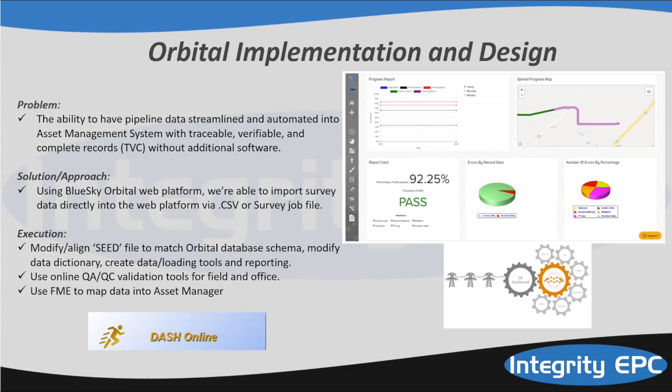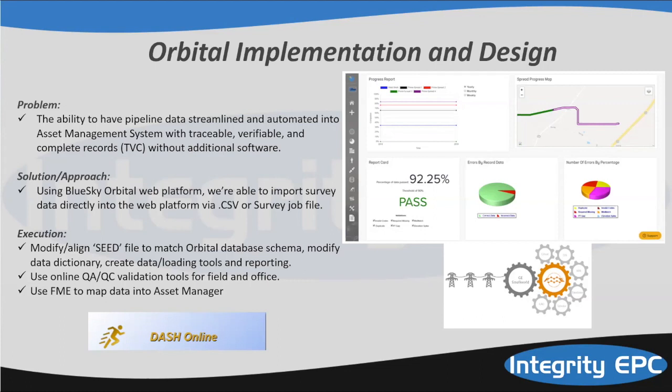You can do that in various ways: CSV, survey job files, GeoJSON files, shape files. So it's very flexible. We decided to implement this so that everybody was on the same page from field to office, survey crews and data, all on a baseline.